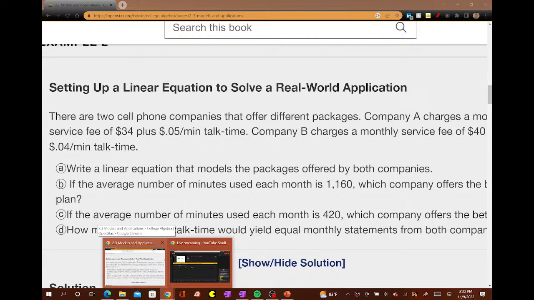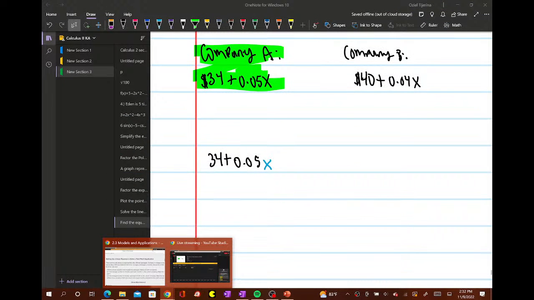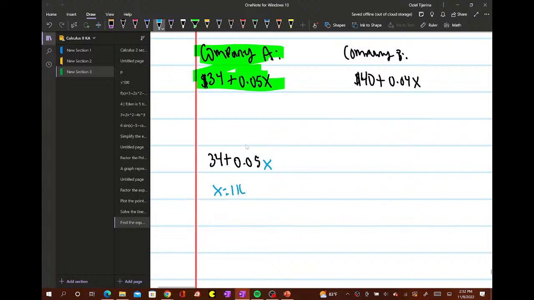If the average number of minutes used each month is 1,160, we're going to plug in x equals 1,160 for company A. So let's put A equals 34 plus 0.05 times 1,160, right?